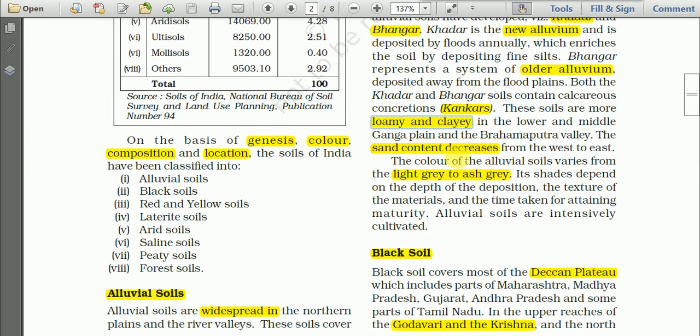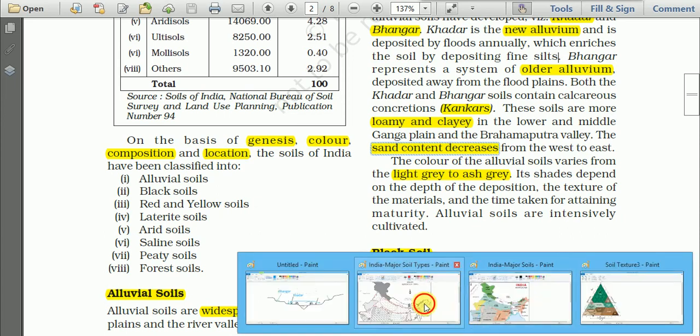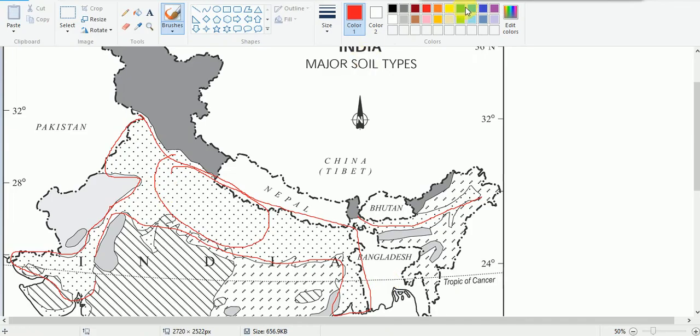And the sand content decreases from west to east. So in the west, just see the map, here in the western part the sand content is very high, and it decreases from west towards the east in this way. Here the sand content is very low. That means the clay content and the silt content is high.